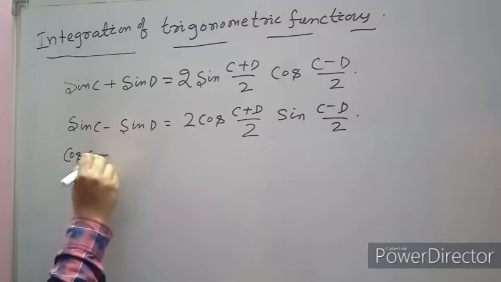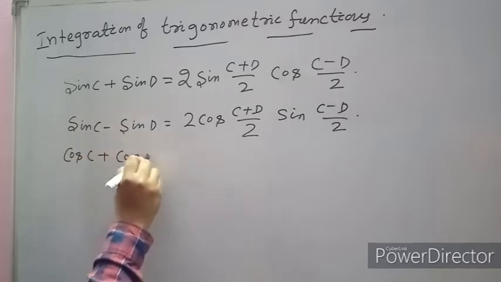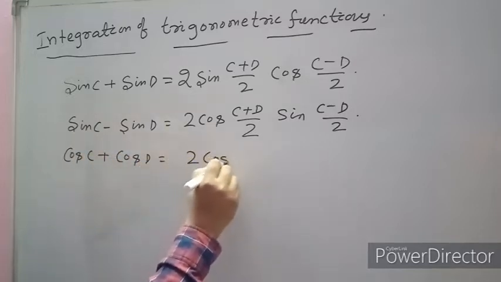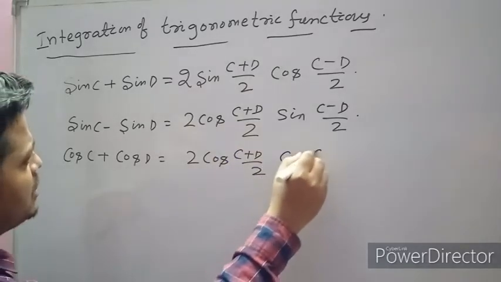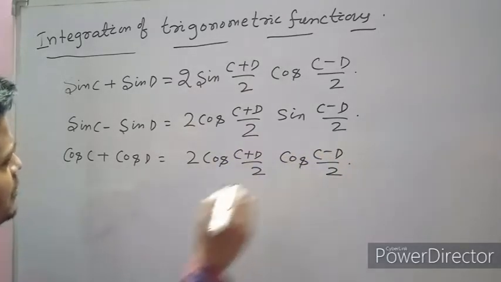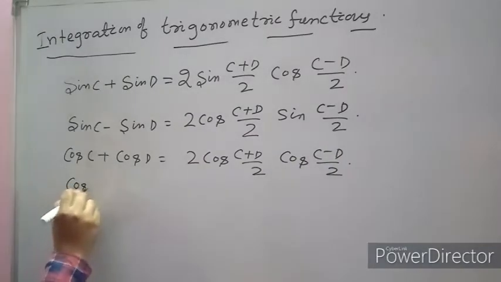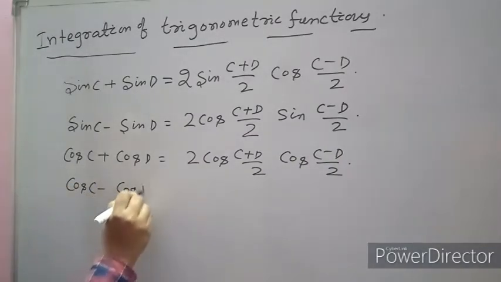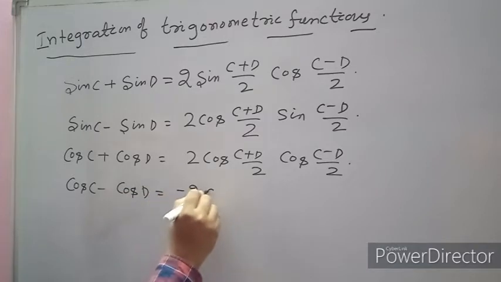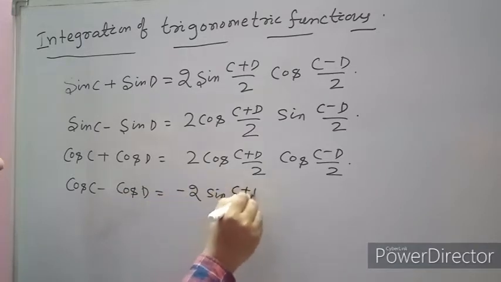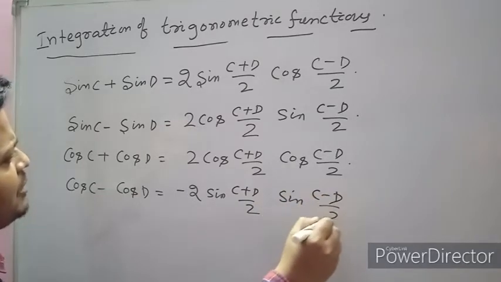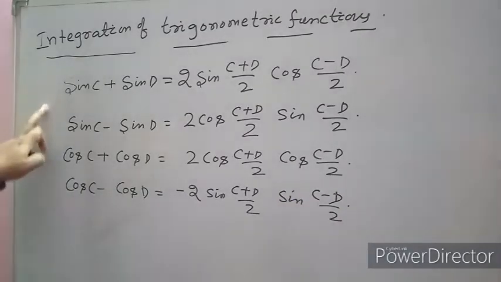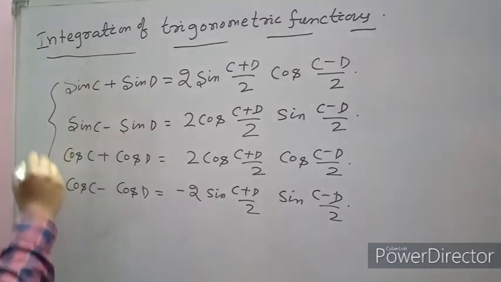Cos C plus cos D is 2 cos (C plus D)/2 cos (C minus D)/2, and cos C minus cos D is equal to minus 2 sin (C plus D)/2 sin (C minus D)/2. These formulas are required always.